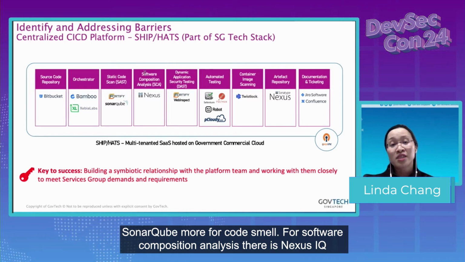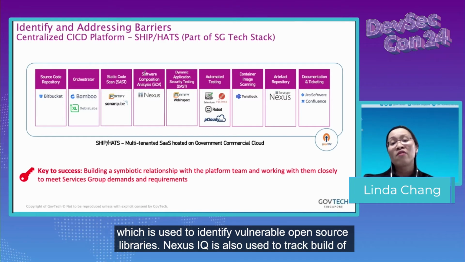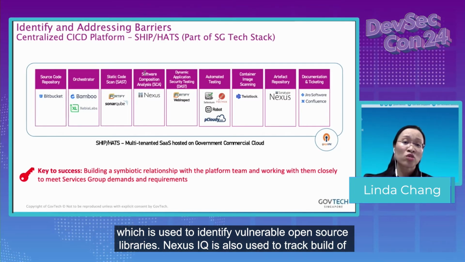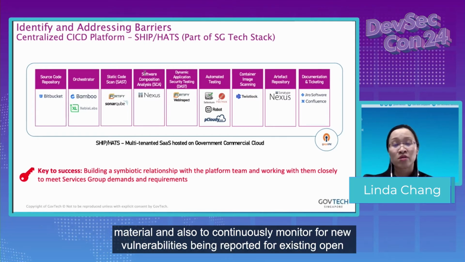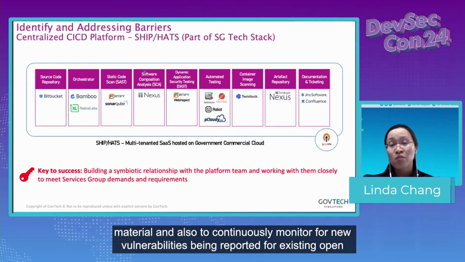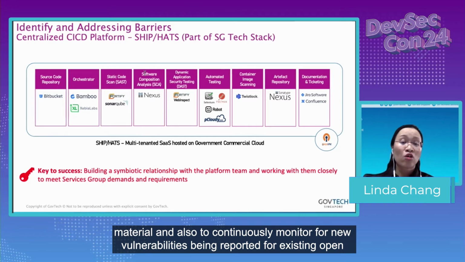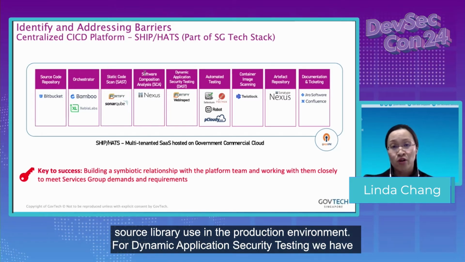For software composition analysis, there is Nexus IQ, which is used to identify vulnerable open source libraries. Nexus IQ is also used to track the bill of materials and to continuously monitor for new vulnerabilities being reported for existing open source libraries used in the production environment.